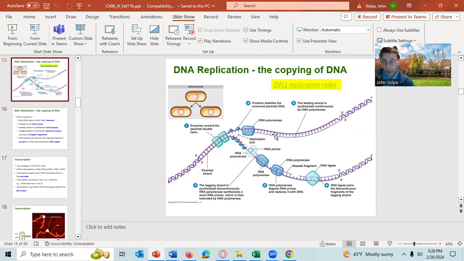Now, you don't need to know much of that. I'm just saying that the leading strand may have more than one stretch of DNA, meaning it may have more than one DNA polymerase making the new strand of DNA to the leading strand.